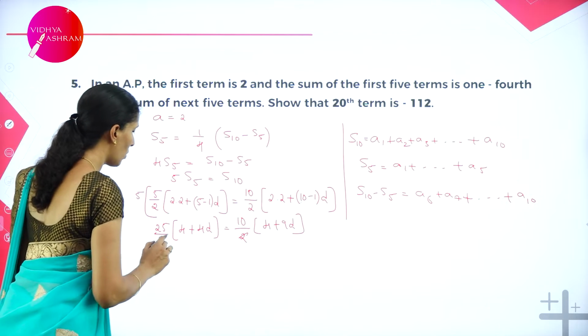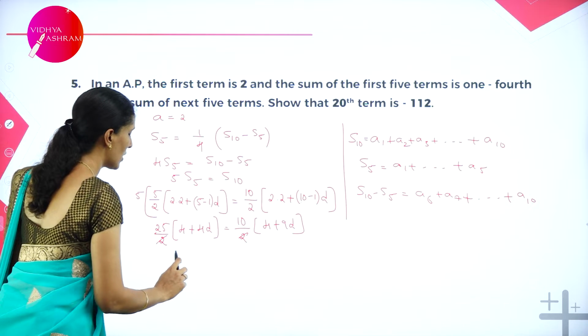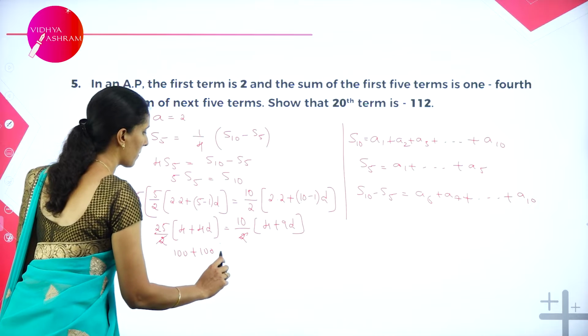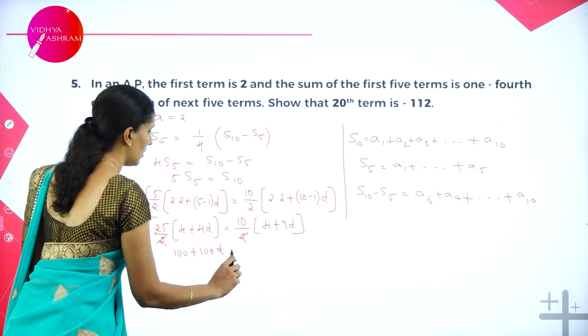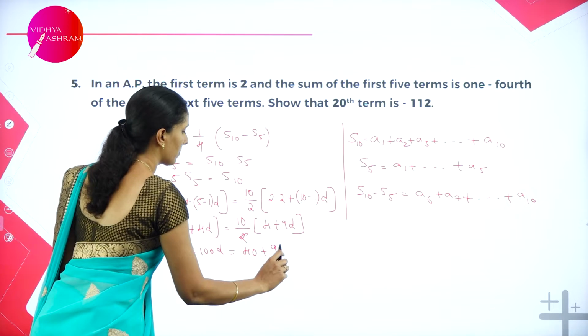So I can cancel 2 on both sides. It is now 25 into 4, which is 100, plus 100D is equal to 40 plus 90D.